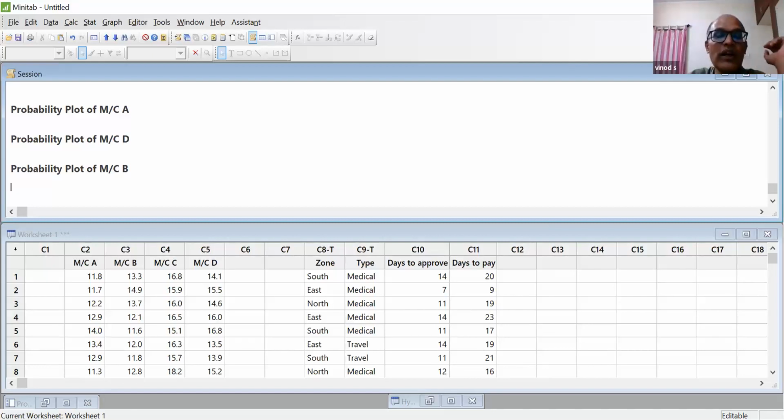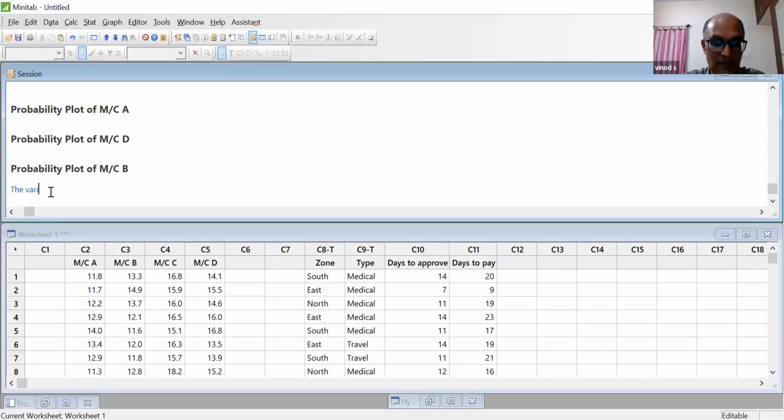Now what we have to look into is whether the standard deviation, or if you square it, the variance, of all groups should be more or less equal. What is the condition? Can anyone repeat what I said?